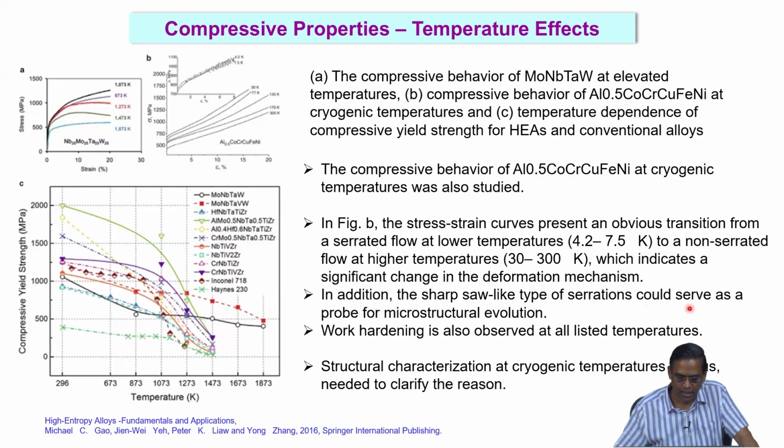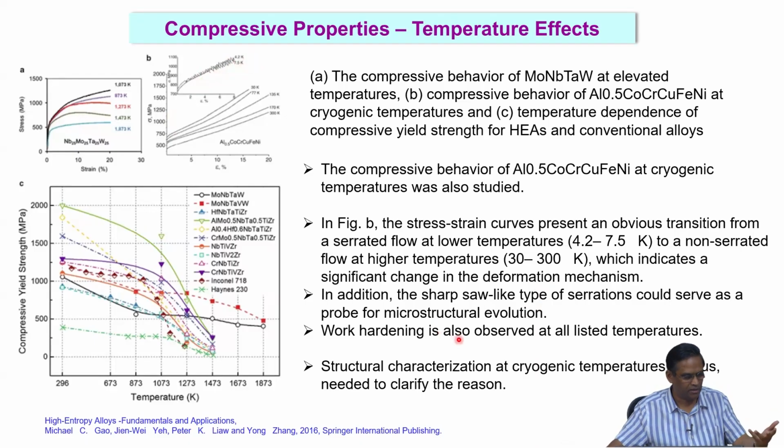In addition, the sharp saw-like serrations could also serve as a proof for microstructural evaluation. So that means when you have this kind of typical sawtooth stress strain curve, you have to look at the microstructure, then you will find an answer. It could be because of twinning, it could be because of dynamic strain aging, and so on.